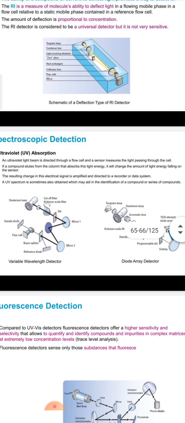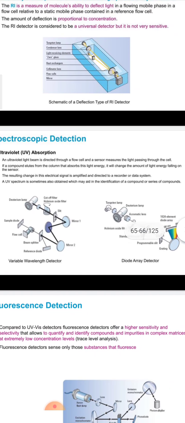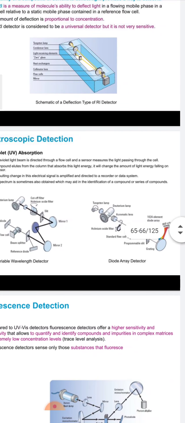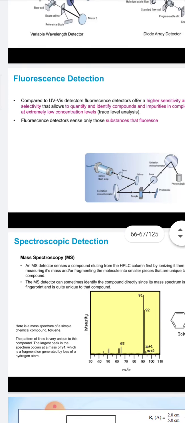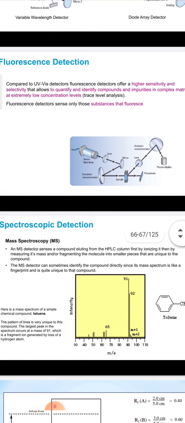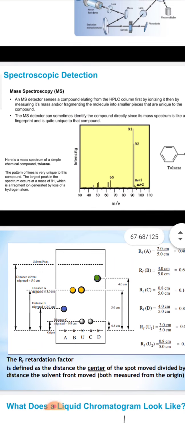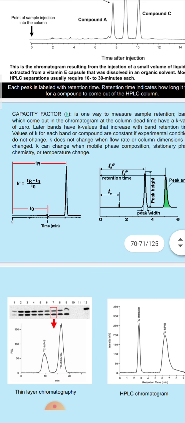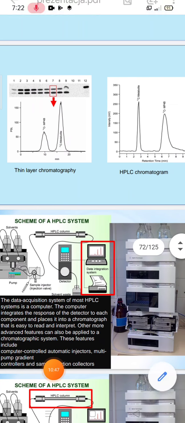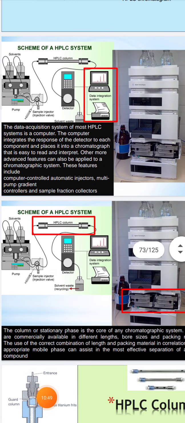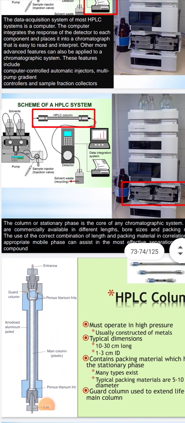A UV spectrum is sometimes also obtained, which may aid the identification of the compound or series of compounds. There are so many other techniques you can correlate with this, but in our syllabus we have just these two types of detectors.